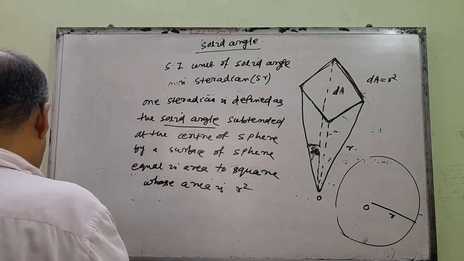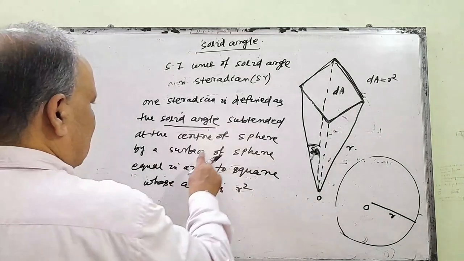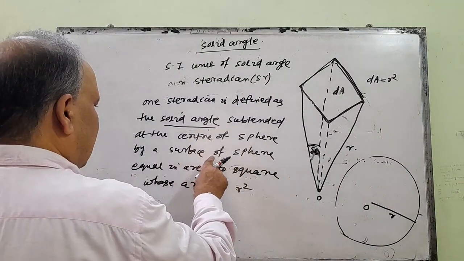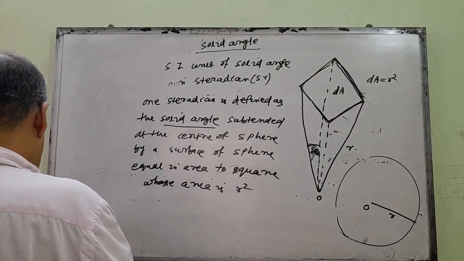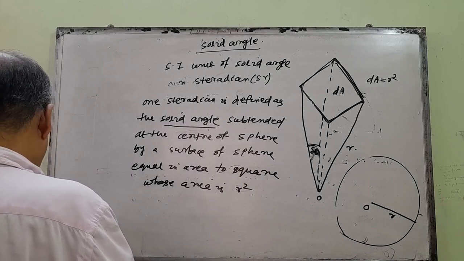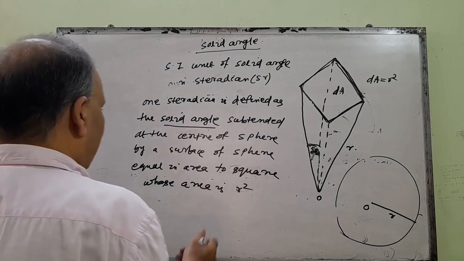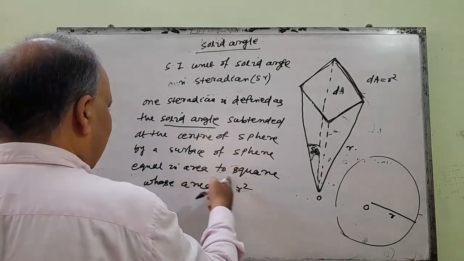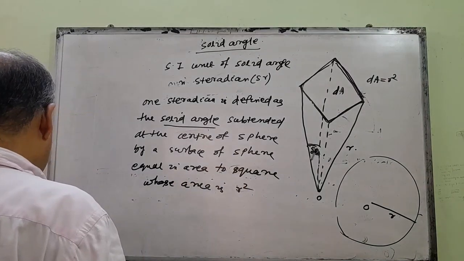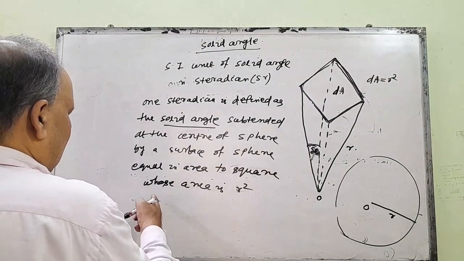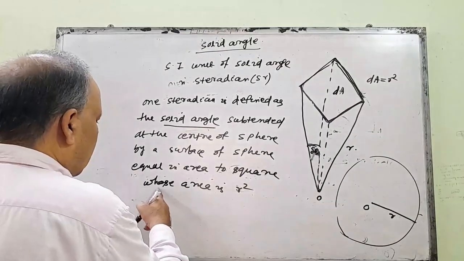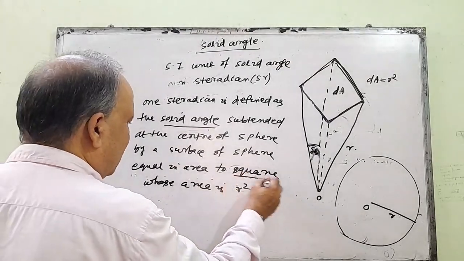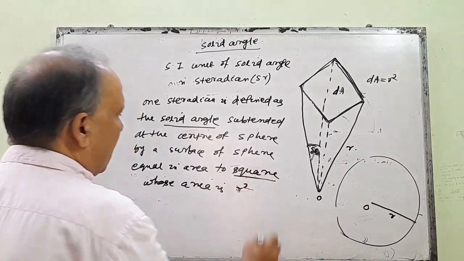So one steradian is defined as the solid angle subtended at the center of the sphere by a surface of the sphere equal in area to a square whose area is r square.